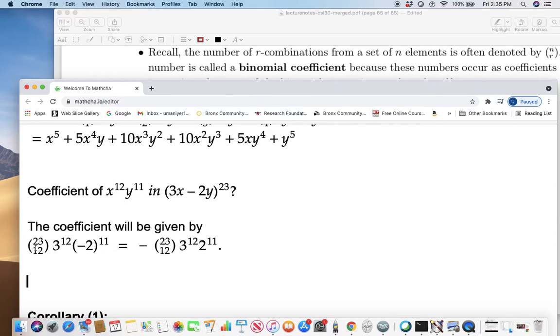So that's why you can write 12 here or 11 here. They are both okay. Anyhow, odd power of a negative number, the negative comes out. This is the coefficient of x^12 y^11.